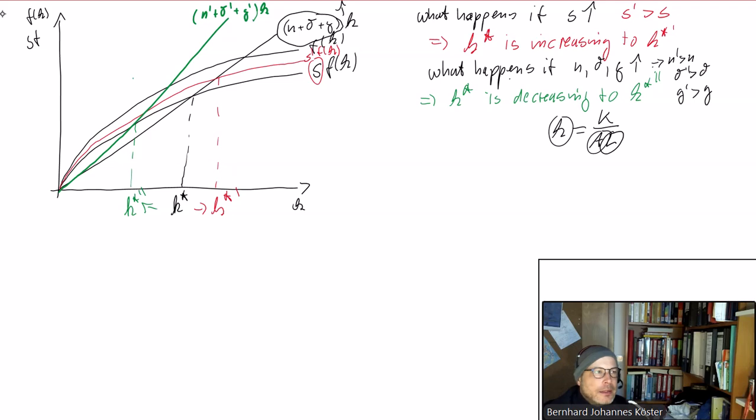Well, so in this model, we see that an increase of especially saving is, so to speak, good for our economy.